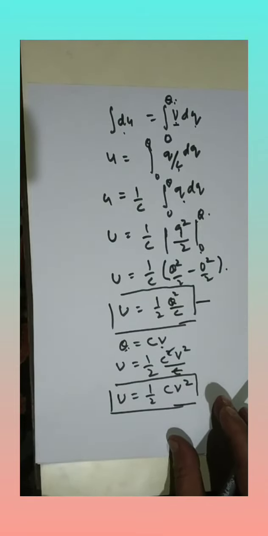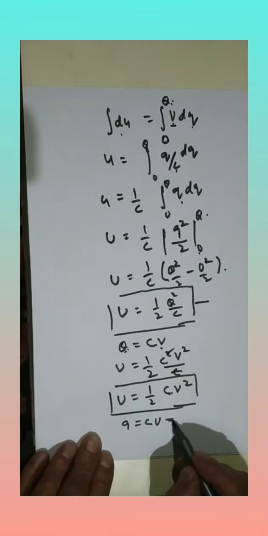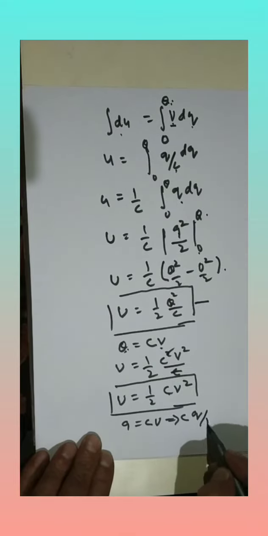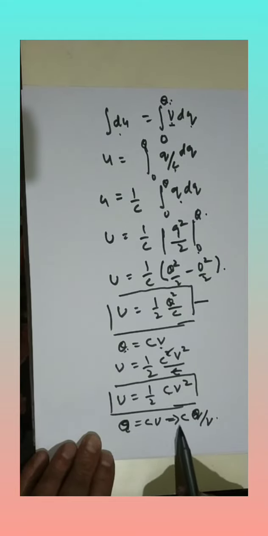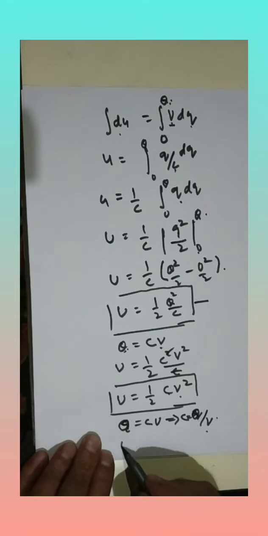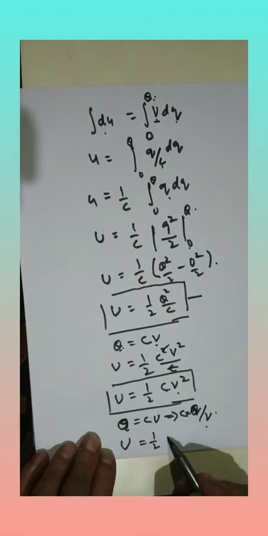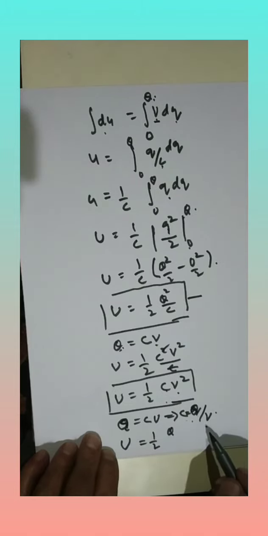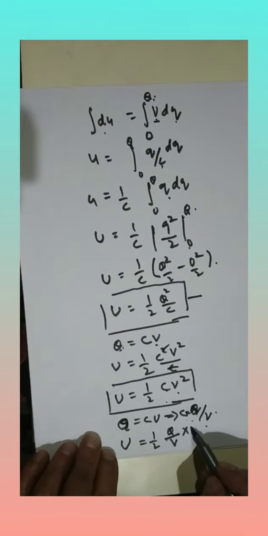Also, we can eliminate this C. We know that Q is equal to CV, which implies that C is equal to Q by V. So here we write capital Q. So substituting here for C equal to Q by V in this equation, you will get U is equal to 1 by 2, instead of C we will write Q by V, into V square.